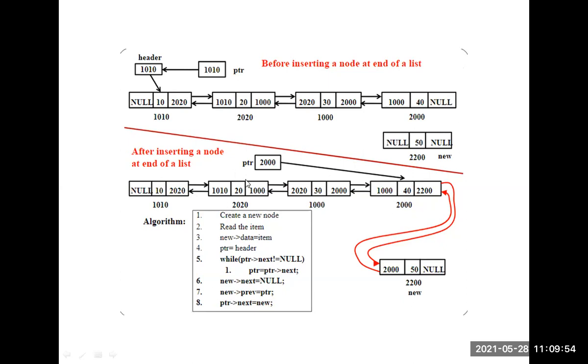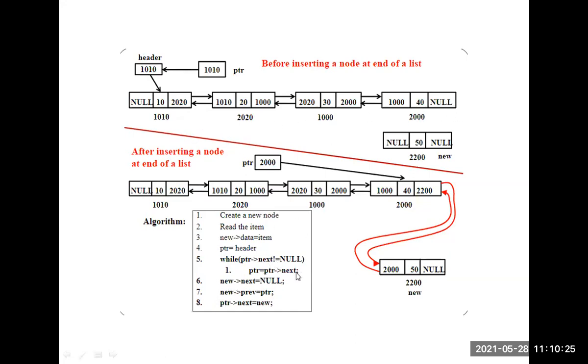In the same way, the address is stored in head. We consider this address in a temporary variable, ptr equal to head. Now we increment to the right side, because the right link contains null at the end. So while ptr of right link is not equal to null.